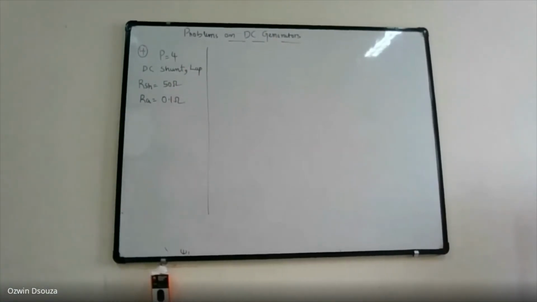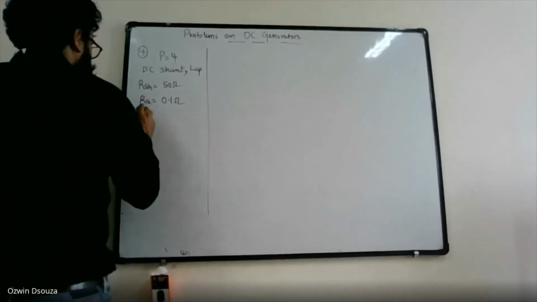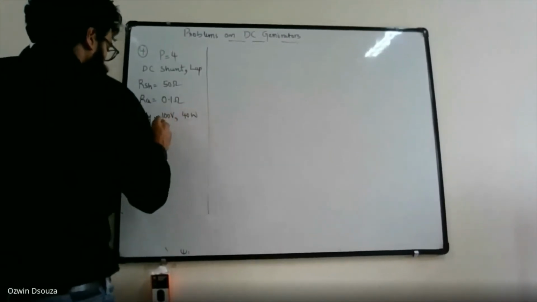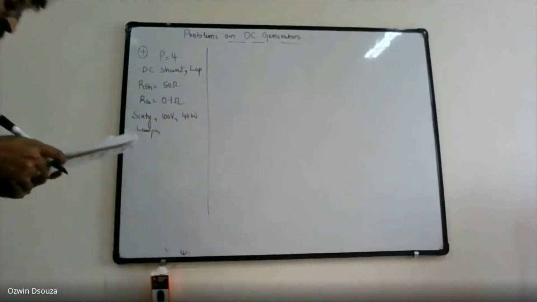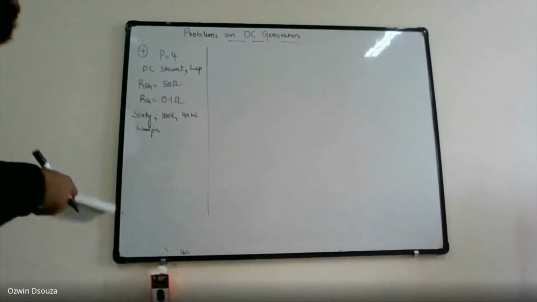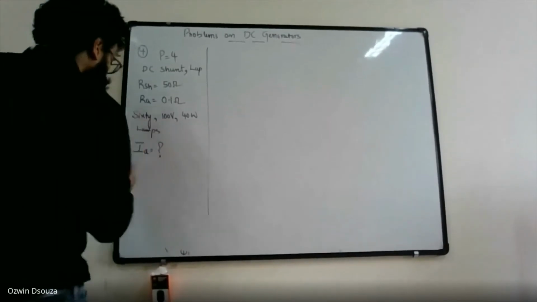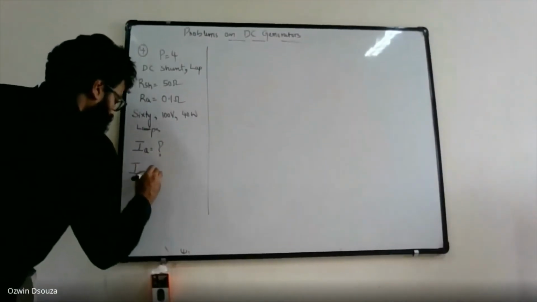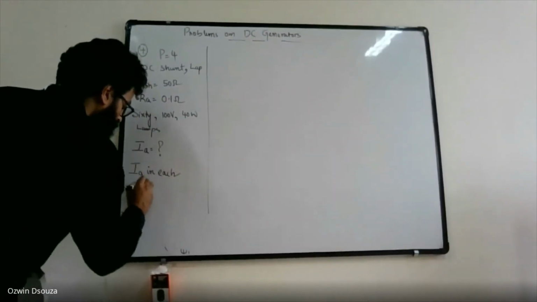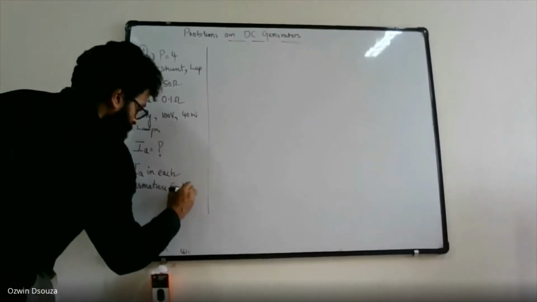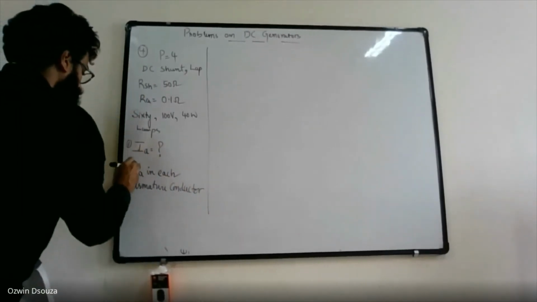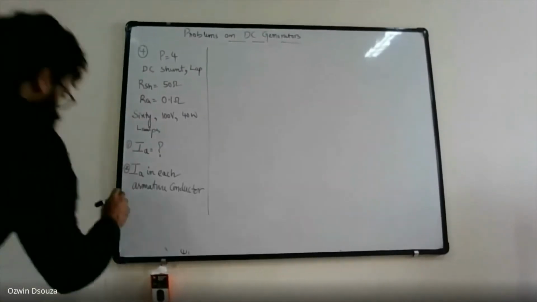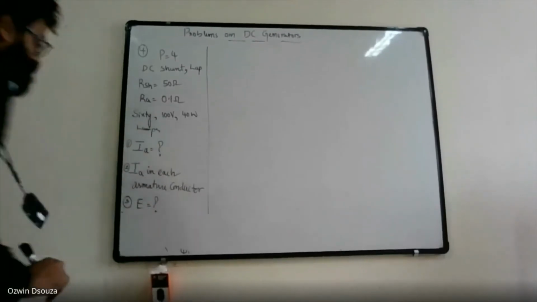If the generator supplies 60 100-volt 40-watt lamps, calculate the total armature current, the current in each armature conductor, and the generated EMF.